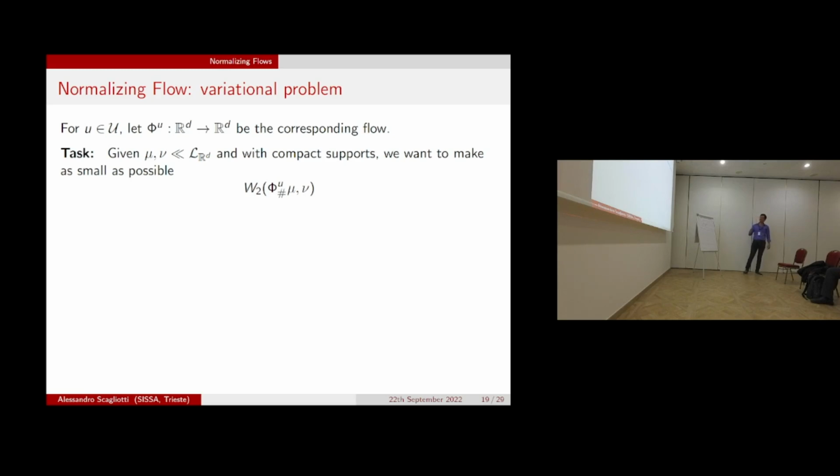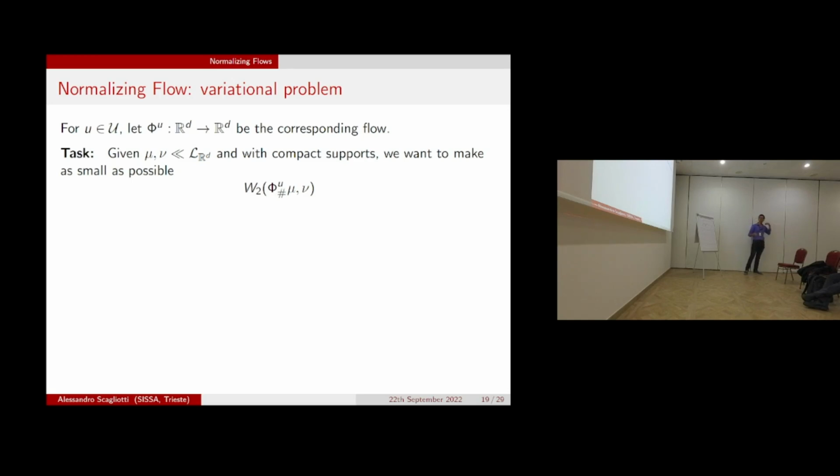Okay, absolutely continuous with respect to the Lebesgue measure, with compact support, and we would like to make this quantity as small as possible. This quantity is essentially the Wasserstein distance between the transformation of mu through the flow and nu. What does it mean?